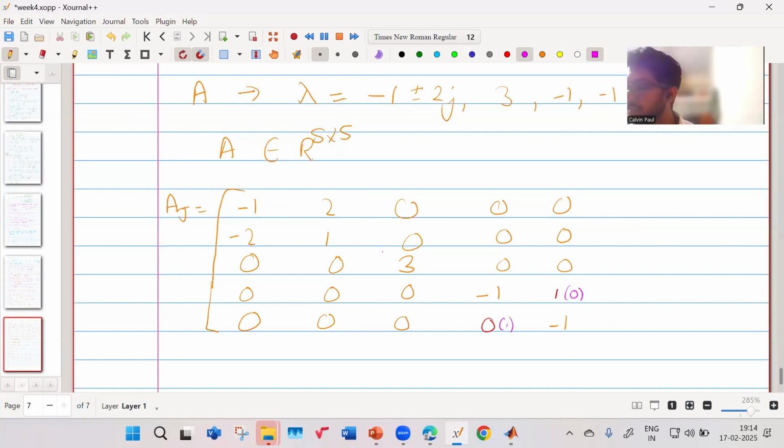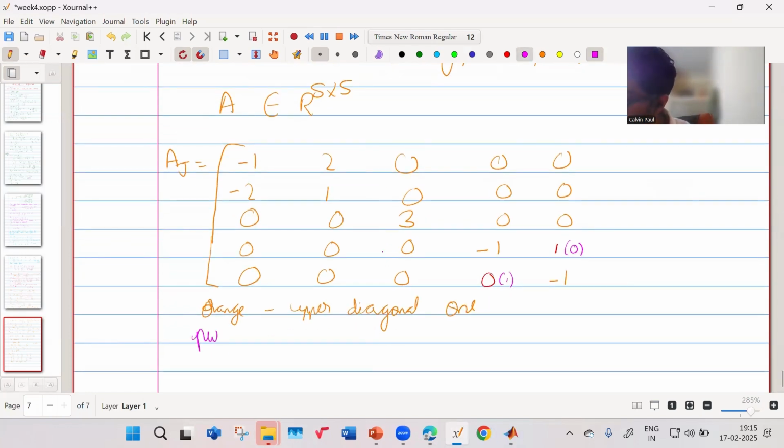Both cases are possible. It depends. Sometimes it comes out in the first format, whatever is in orange, which means there's an upper diagonal one. And the purple one means there's a lower diagonal one. Okay, so this is my AJ matrix.